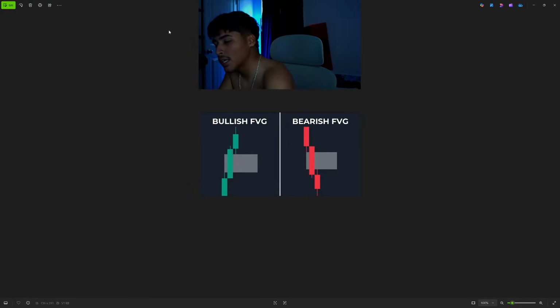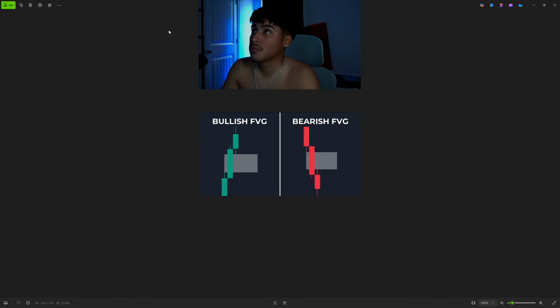We have more buyers than sellers, or we have more sellers than buyers, because everything is all volume, and everything that you see on the chart is just a visual representation of people buying or selling. And this displacement right here, a bullish or a bearish fair value gap, is people outweighing each other to the upside or the downside.